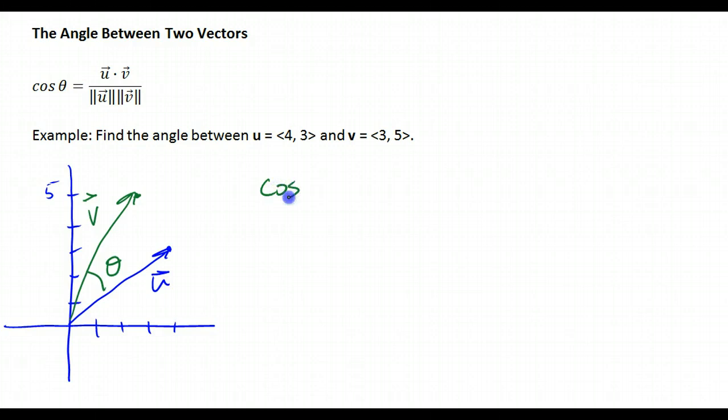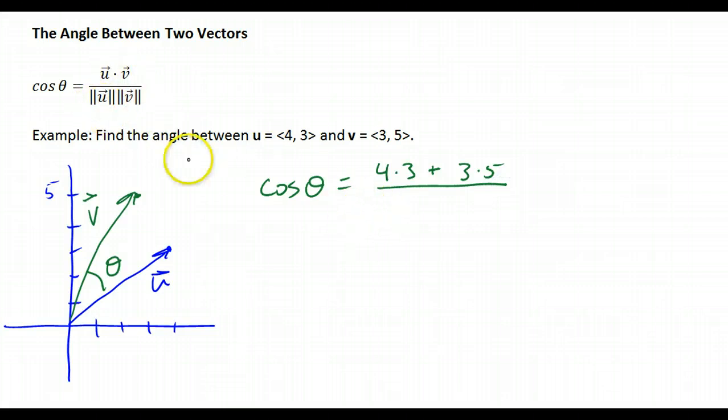The cosine of theta is going to be 4 times 3 plus 3 times 5 on top. That's the dot product of u dot v. And then the magnitude of vector u, remember, is the square root of 4 squared plus 3 squared, so that's 16 plus 9.